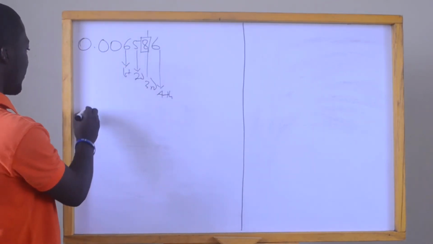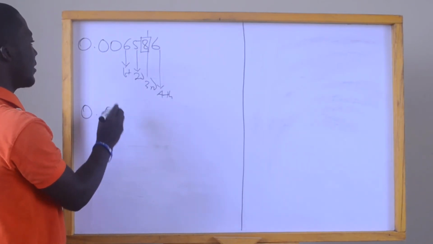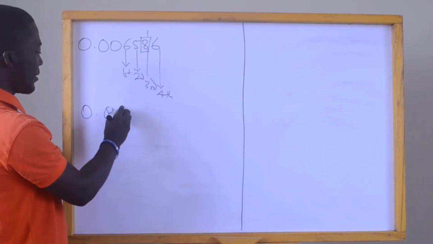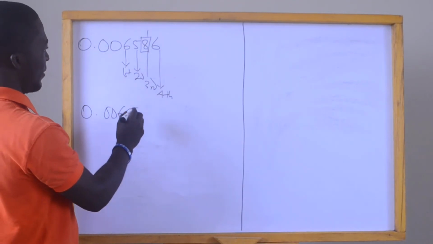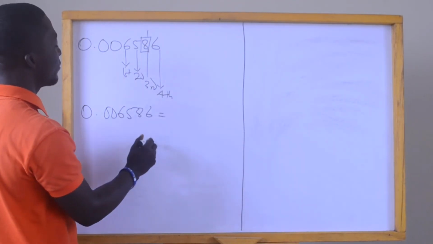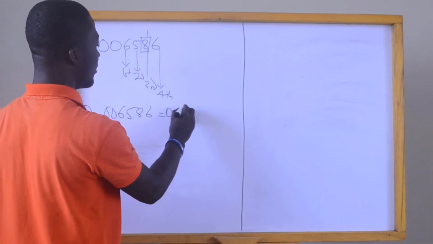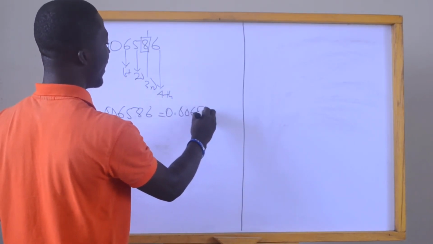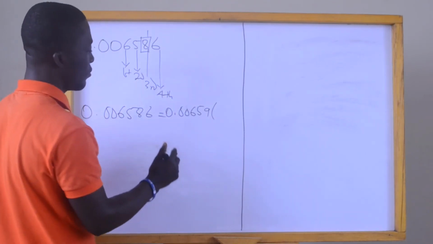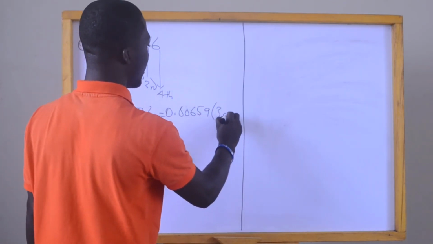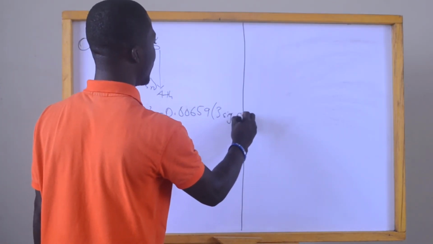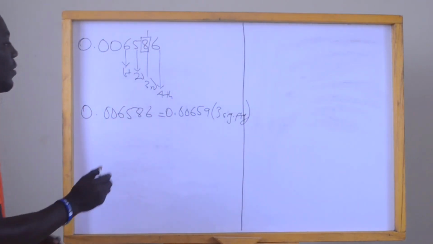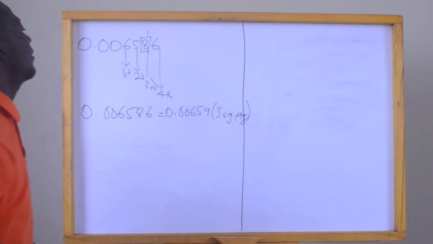So at the end, we can boldly say that 0.006586 equals 0.00659 to three significant figures. That's that.